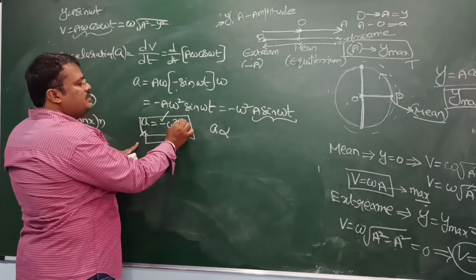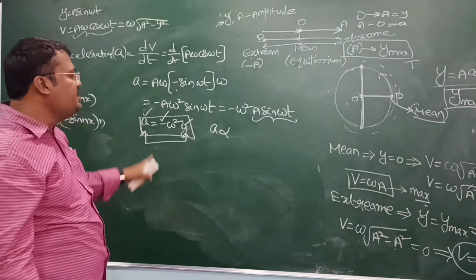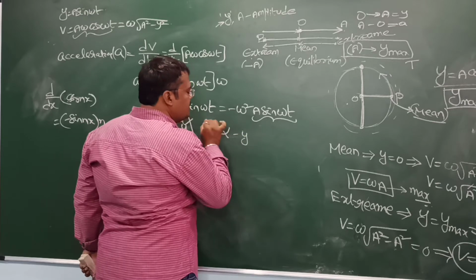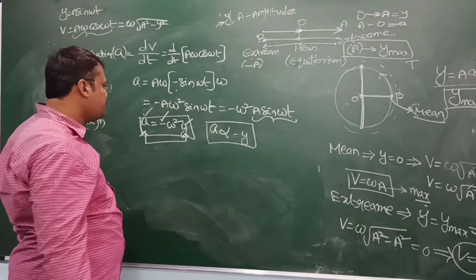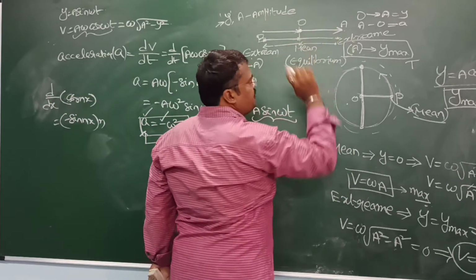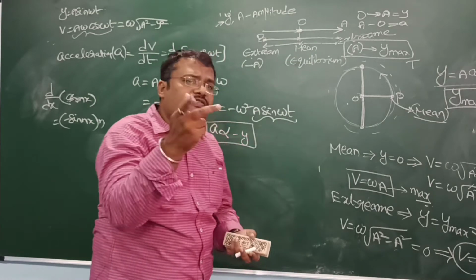So that's why displacement and acceleration are acting opposite to each other. Then a is directly proportional to minus y. Whenever it reaches the maximum position, the extreme position, the particle velocity will be 0.